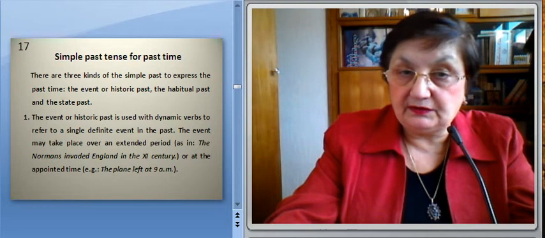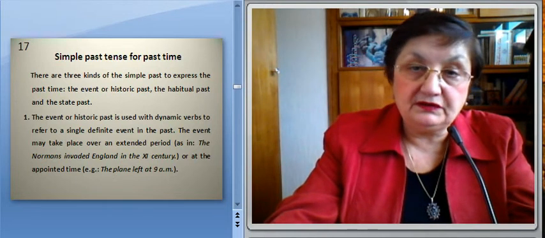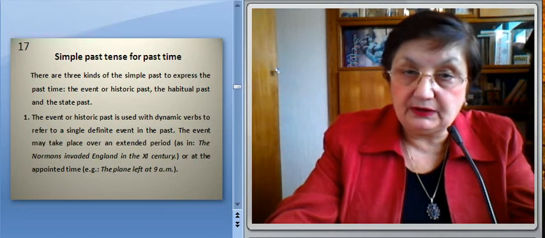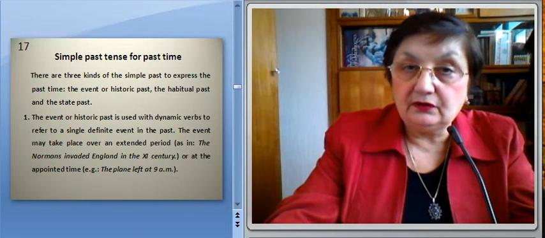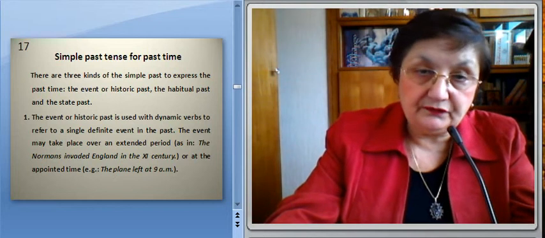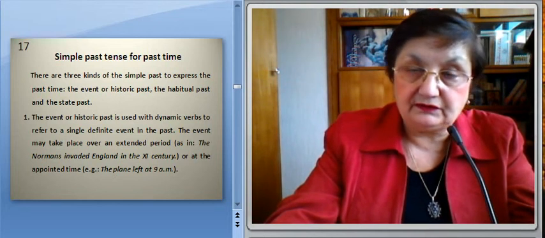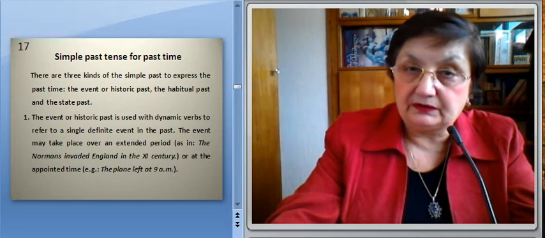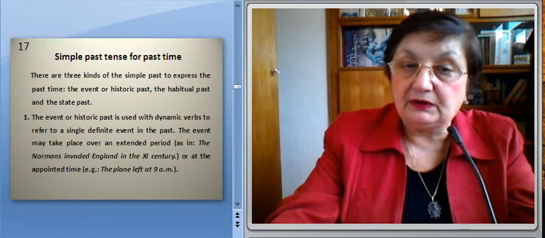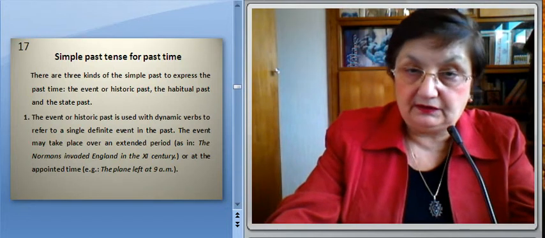The event or historic past is used with dynamic verbs to refer to a single definite event in the past. The event may take place over an extended period, as in the sentence "The Normans invaded England in the 11th century," or at the appointed time, as in the sentence "The plane left at 9 a.m."